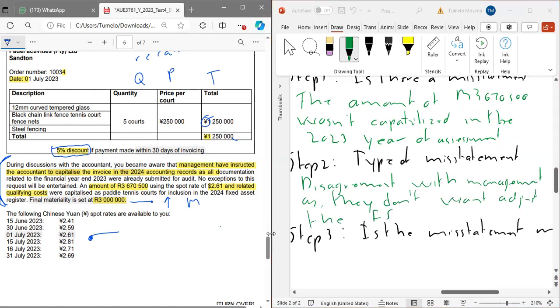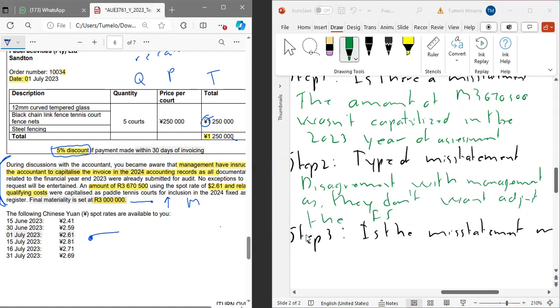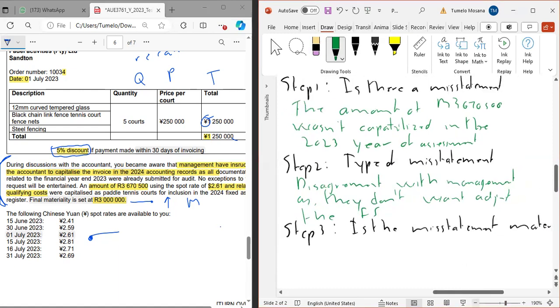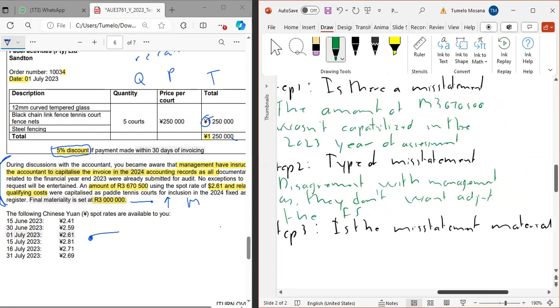So another question that we have is, is this misstatement material or not? The step 3. The fact that this amount was above the materiality amount is a very huge problem, right?